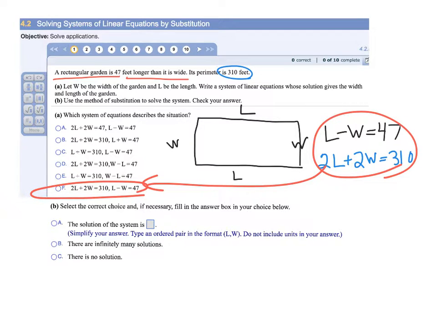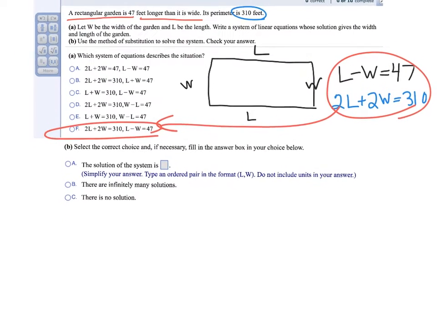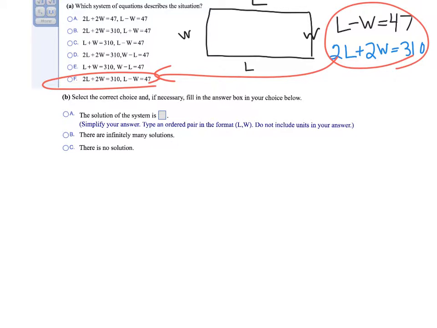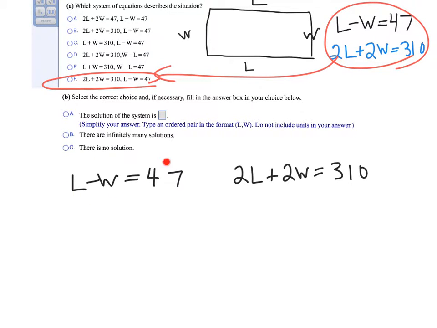Now it says, well, yeah, but let's figure out the actual values. So I'm going to rewrite those equations down here because we need them. Now I'm going to take this equation and solve for either one of those letters.